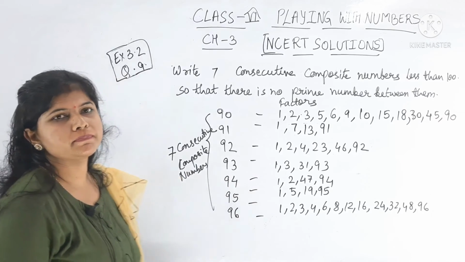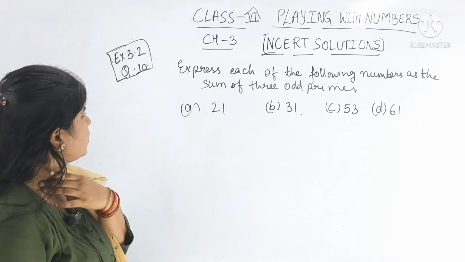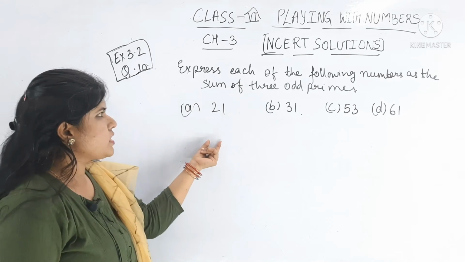Here you have to express each of the following numbers in question number 10 as the sum of 3 odd prime numbers.